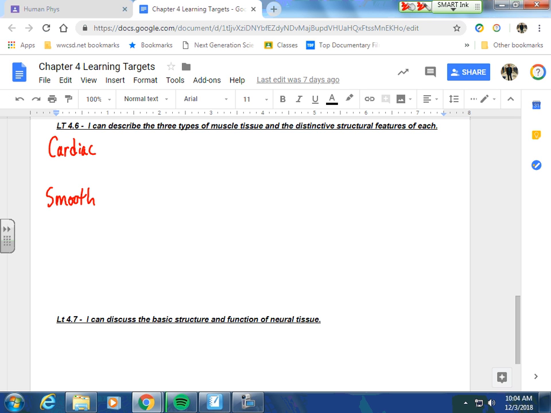So cardiac is heart, right? On the heart. What about the smooth muscle? Where would we find that in the body, do you think? All over the place, really. But there is one thing I want you to think about. Think digestive.